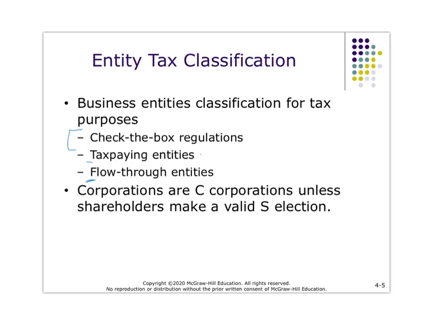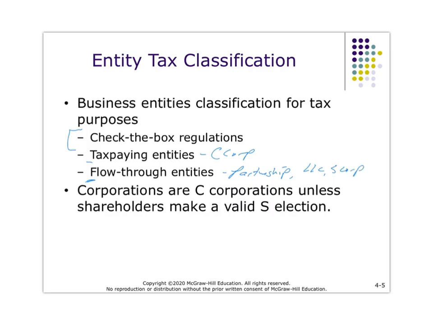Remember that tax-paying entities are C corporations, trusts, and estates. Flow-through entities are partnerships, LLCs, and S corporations typically.